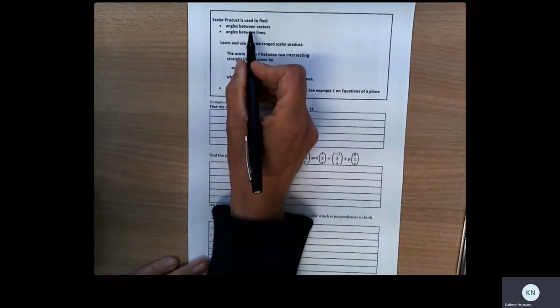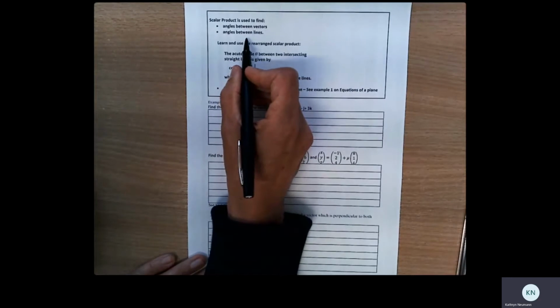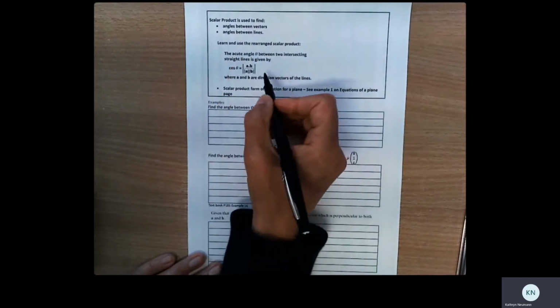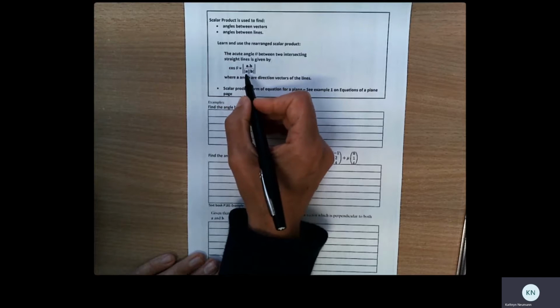All right, let's see what this dot product is used for. It's used for various different things. I'll take you through each one. It's used to find the angle between two vectors and the angle between two lines. And to do that, we often end up rearranging it.